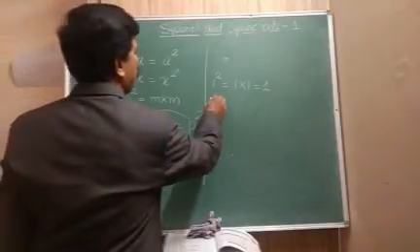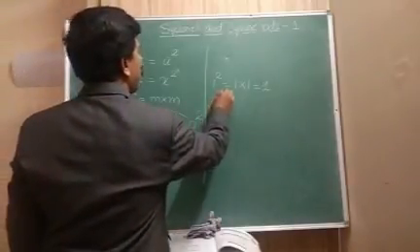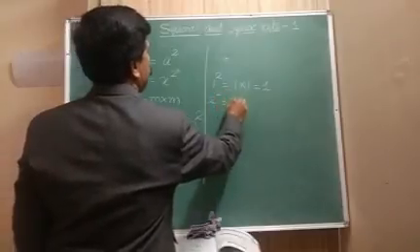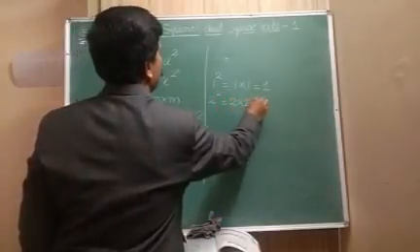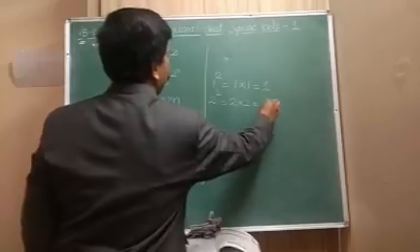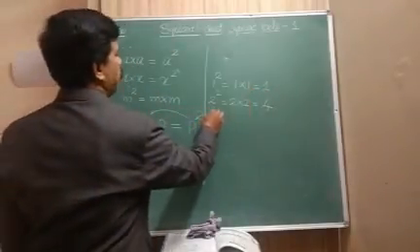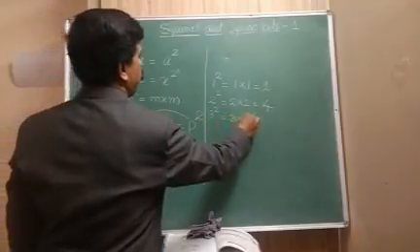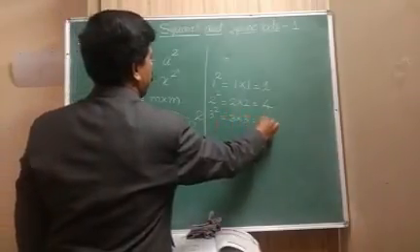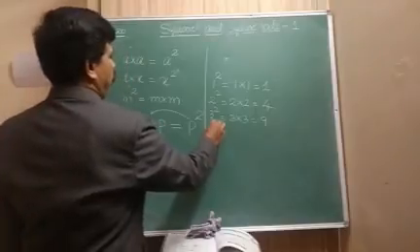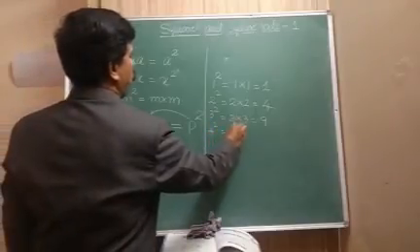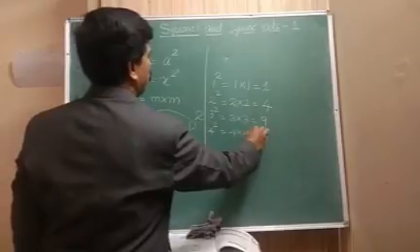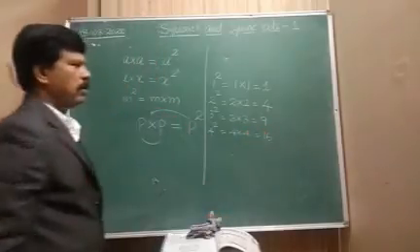Similarly, 2 squared, that means 2 into 2 is equal to 4. Then 3 squared, that is 3 into 3 is equal to 9. 4 squared, 4 into 4 equals 16.